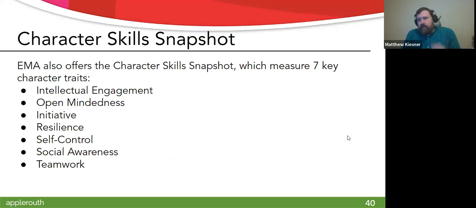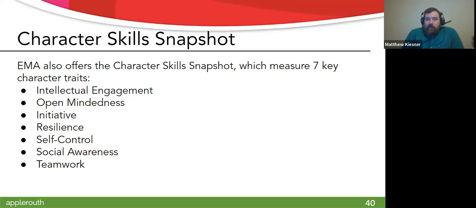Just briefly, there's another thing that they offer called the Character Skills Snapshot. If you buy the SSAT, you can also take the Character Skills Snapshot. Some schools require it, some schools don't. I include this mostly because I get a lot of questions on what it is. Basically, a student takes it when they want, like at home.